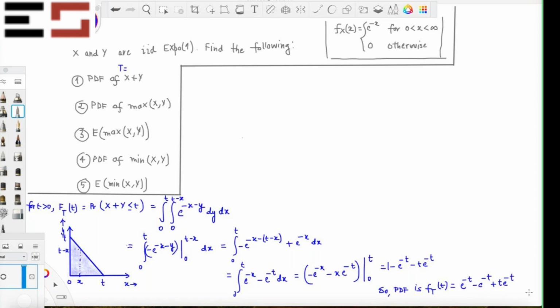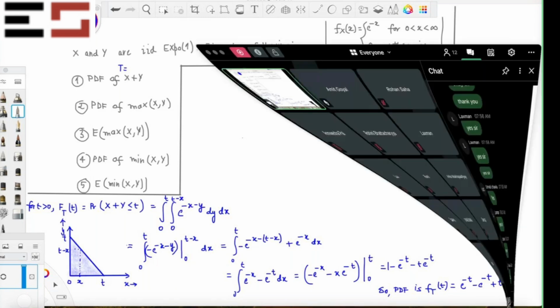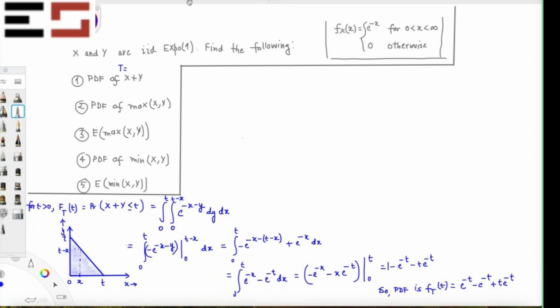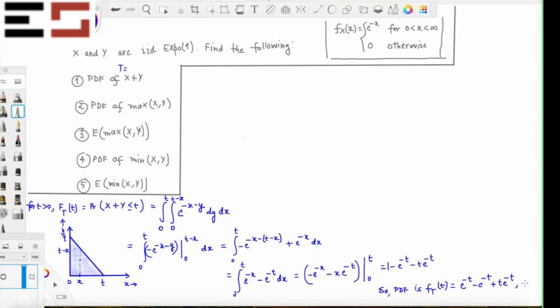Please check. So for t positive, this is basically t into e to the power minus t, since this just cancels with this, and we'll be left with this term.